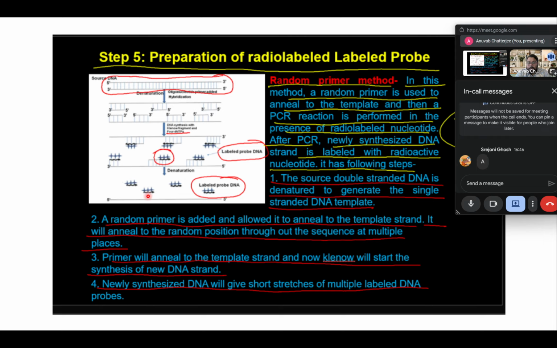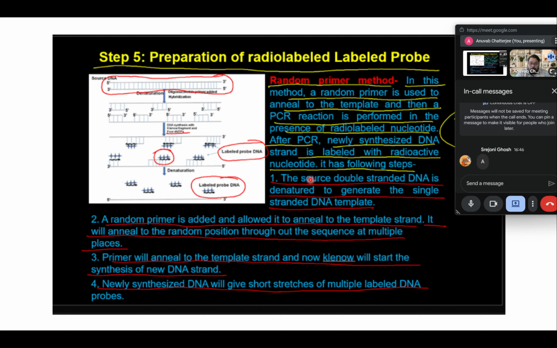So whatever small fragments are getting made all have radioactivity in them, and you separate these probes out. When you probe your northern or southern blot, you will be able to hybridize one of these probes wherever your particular fragment is present, and that will be radio labeled.